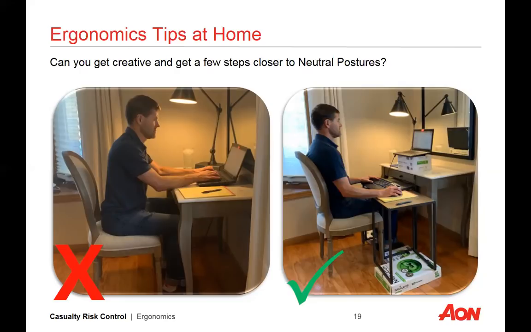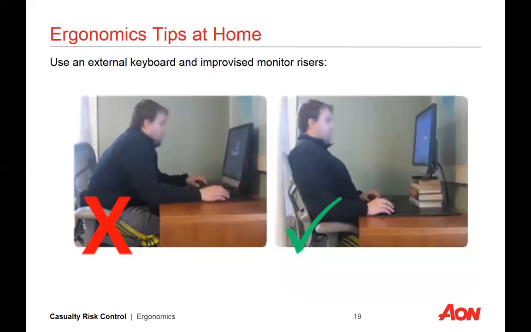And so in this scenario, it might look a little cumbersome, but if you're going to be working full time on your laptop at home, getting a setup like this or with whatever other options you have available to you is going to go a long way towards reducing fatigue and aches and pains as you continue to work at your home or virtual workstation.